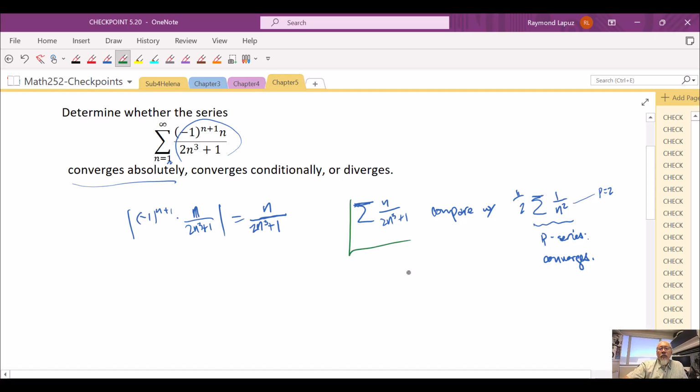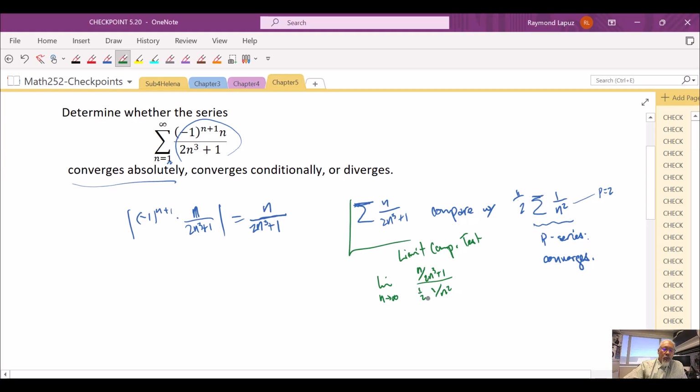We take the limit as n goes to infinity of the ratio: n divided by 2n cubed plus 1, over the 1/2 times 1 over n squared.